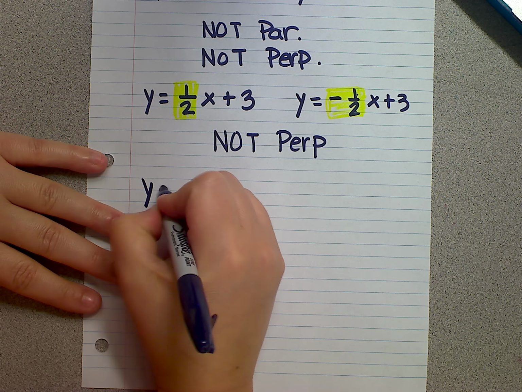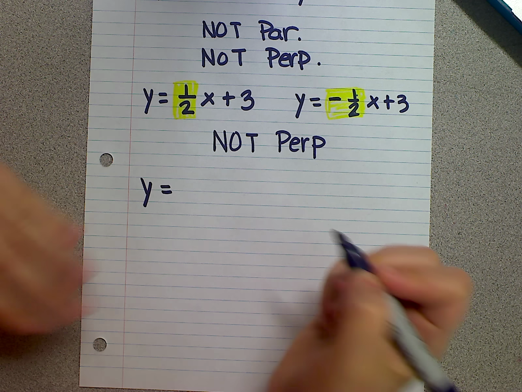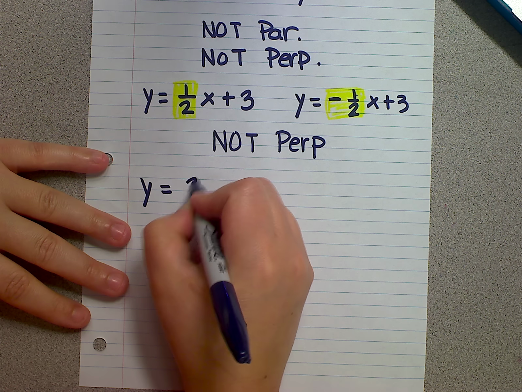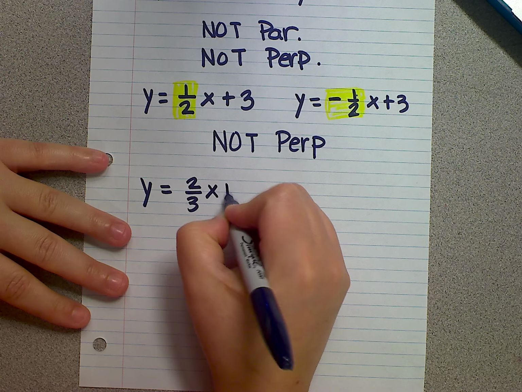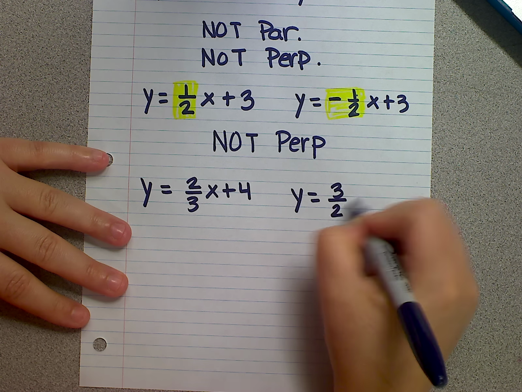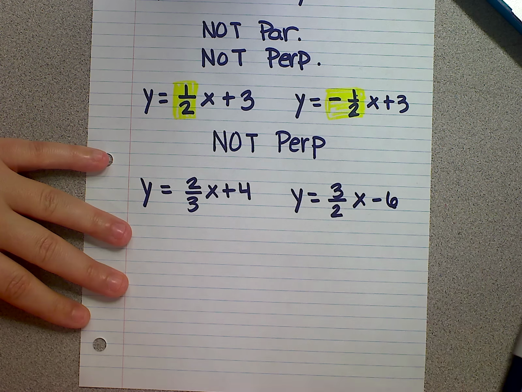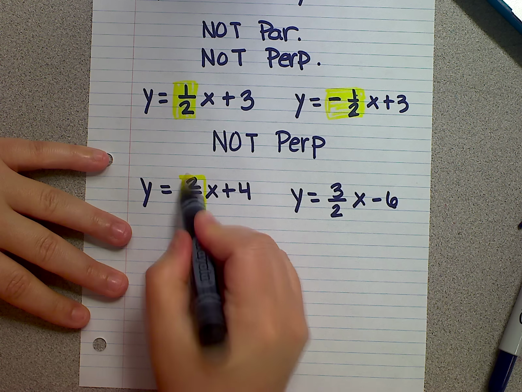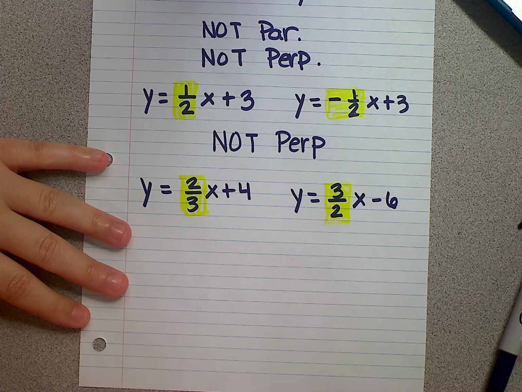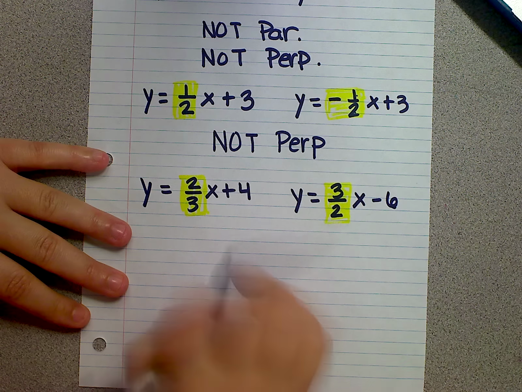The other way is they're going to try to just take the reciprocal and not do the opposite. So if we had y equals 2/3 x plus 4 and y equals 3/2 x minus 6, you're going to look at these two slopes. You notice that they are reciprocals, but they are not opposites.